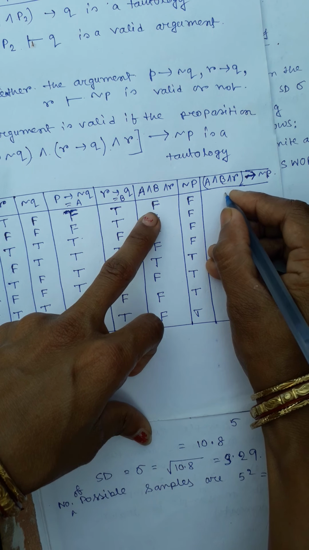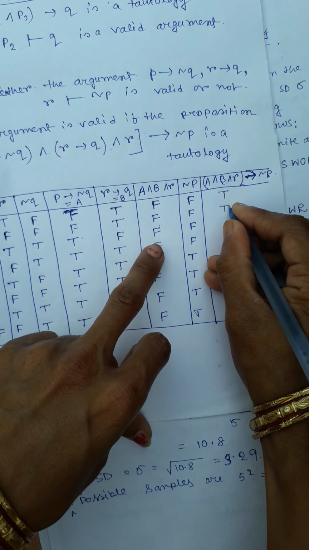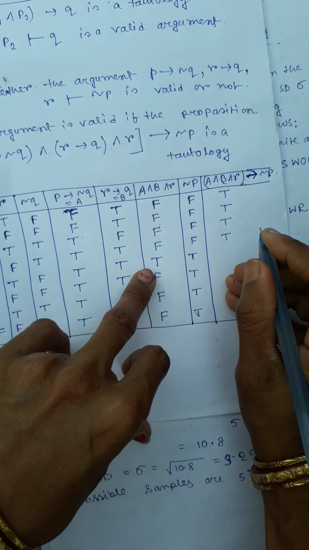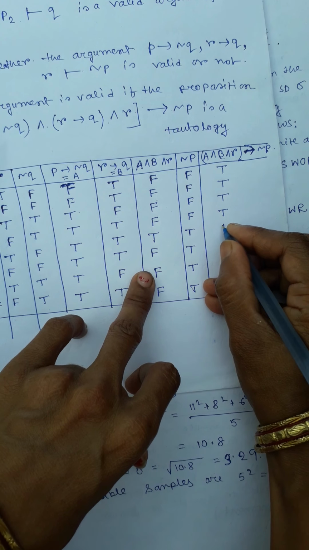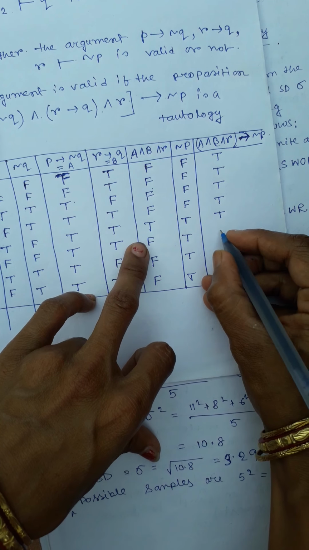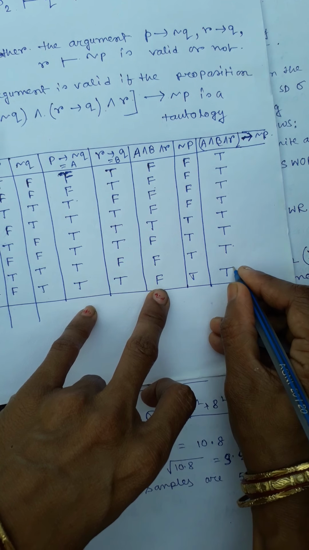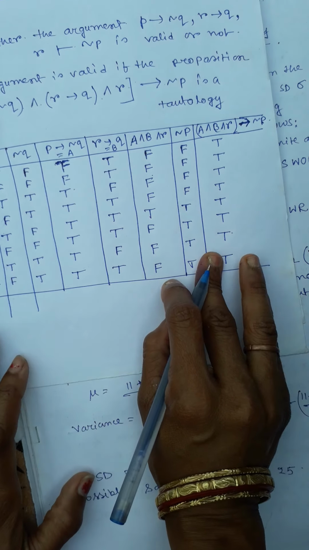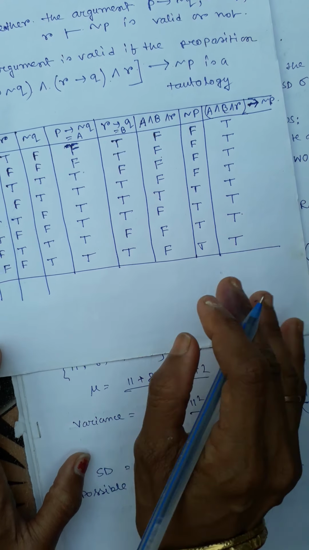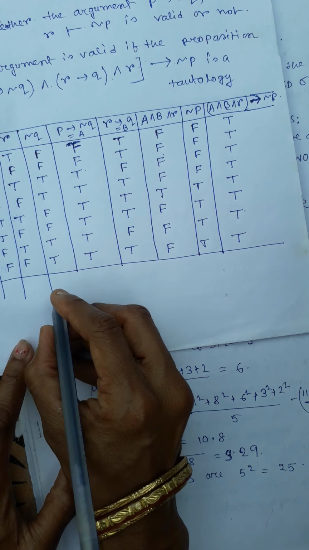As here both are false, so it is true. Both false position, that means all are true. Both true, that is also true. This is also true, false, true position, this is true, this is also true. So all the entries in the last column are true. That means it is a tautology.